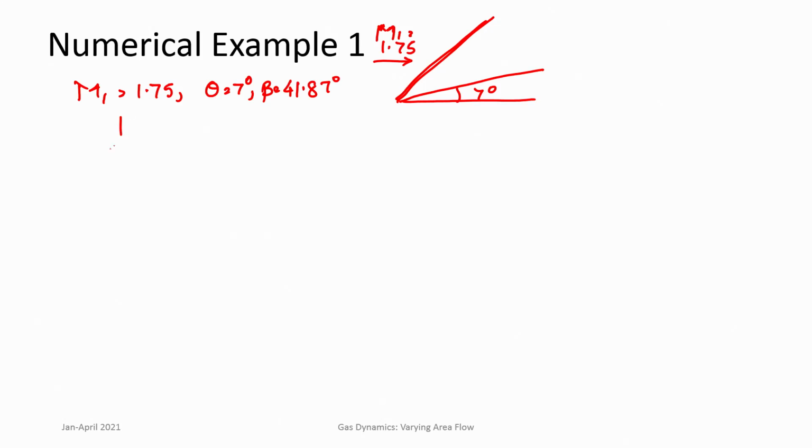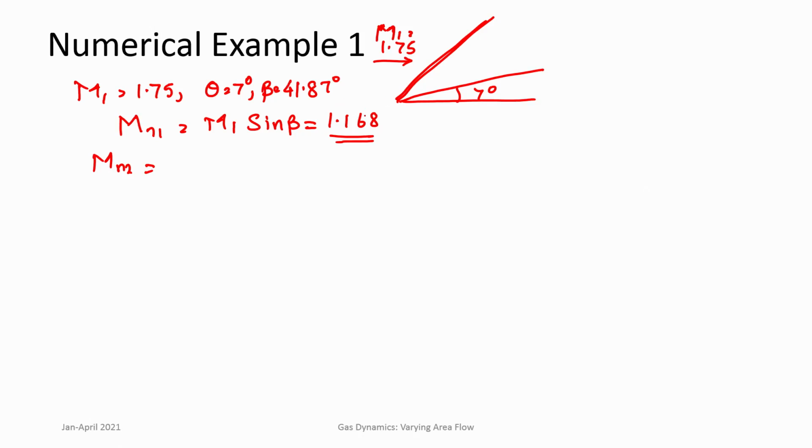From this, how do we go through the oblique shock problem? We find the normal component, Mn1 equal to M1 sin beta, which is 1.168. Once Mn1 is known, we can find Mn2 by normal shock relations.